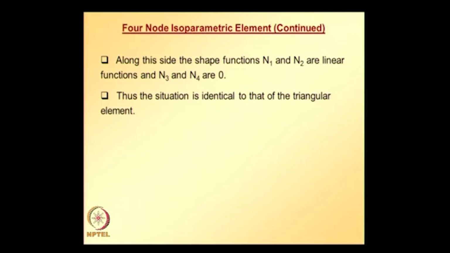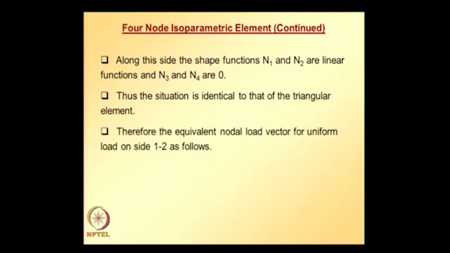And whatever we discussed now about the shape function matrix is not new; it is identical to what we already looked at when we were dealing with triangular elements. So, the equivalent nodal force vector for uniform load along 1 2 is given by this. Q is the equivalent nodal load vector, Q_T, T is for traction, along 1 2.